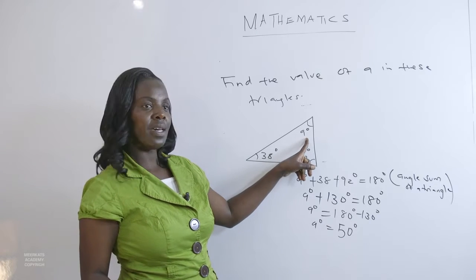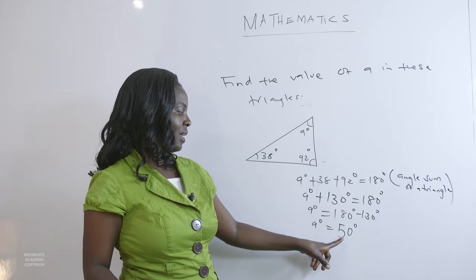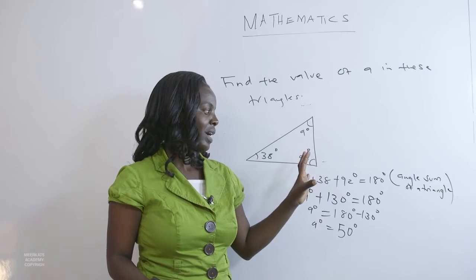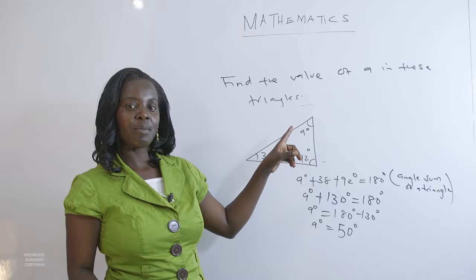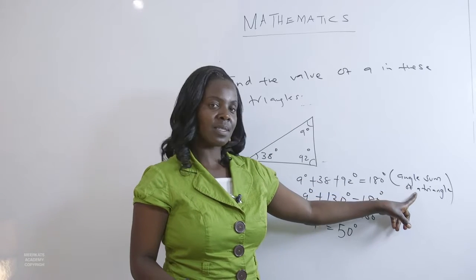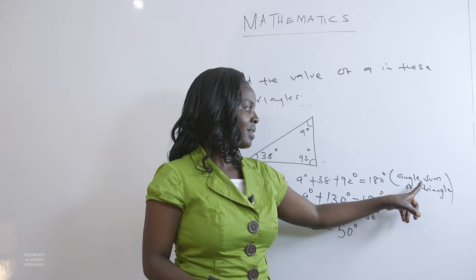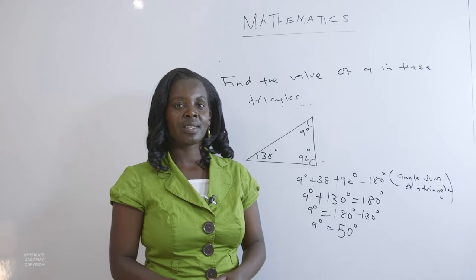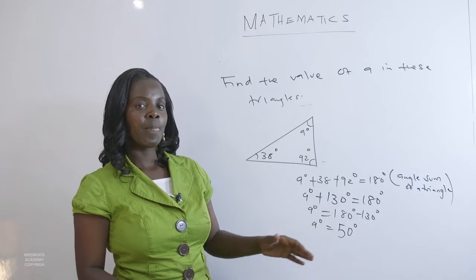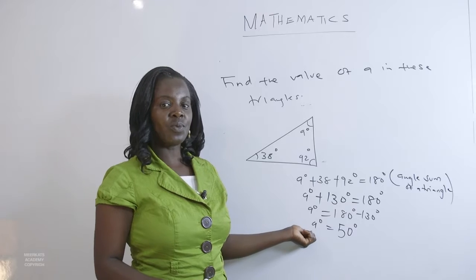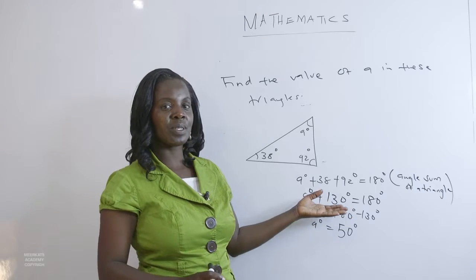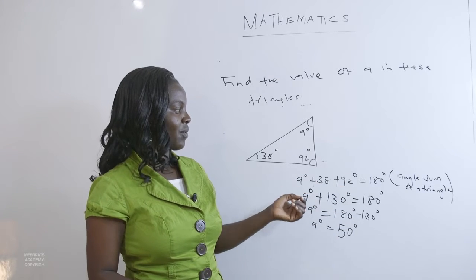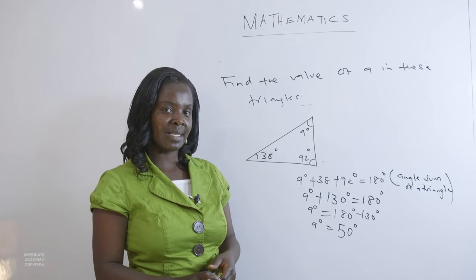So the value of A is 50 degrees. We are able to calculate the value of A because of this theorem here, that the angle sum of a triangle is equal to 180 degrees. In our next lesson, we are going to look at more examples on this theorem, that the angle sum of a triangle is equal to 180 degrees.